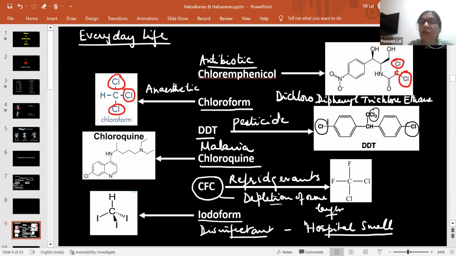Dichloro, see 2 chlorine, so dichloro, 2 phenyl, so diphenyl, trichloroethane. Now I have taken this up because sometimes in MCQs they ask some questions like this. So you should be familiar with these names. It generally helps. This is the first paragraph of your textbook which you don't read.